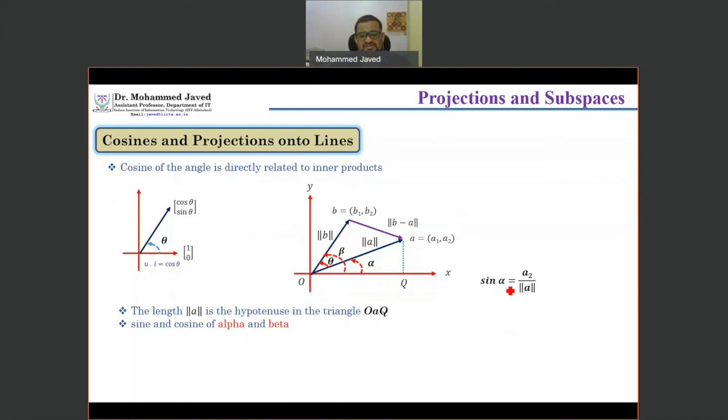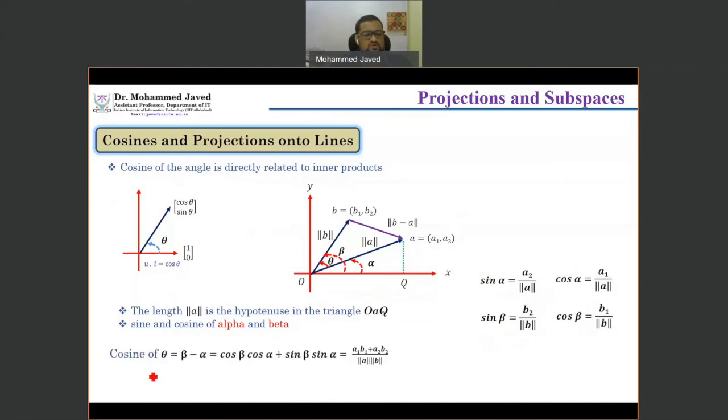Sine alpha is a2 divided by the norm of A. Similarly, sine beta is b2 divided by the length of B. Similarly, cos alpha and cos beta, we can see here, this is the formula.